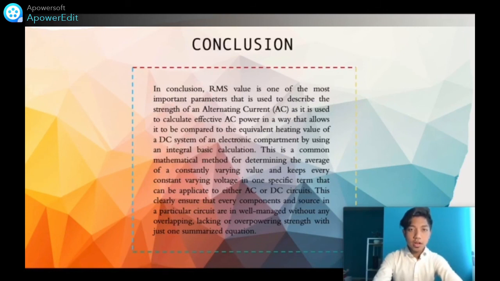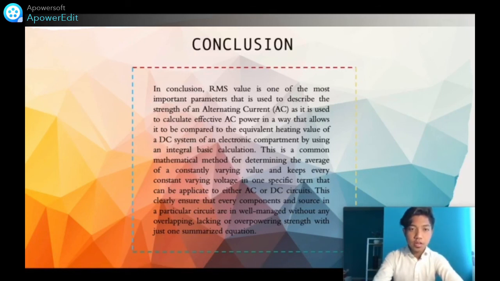In conclusion, RMS value is one of the most important parameters used to describe the strength of an alternating current, or AC circuit, as it is used to calculate effective AC power in a way that allows it to be compared to the equivalent heating value of a DC system, by using an integral-based calculation.